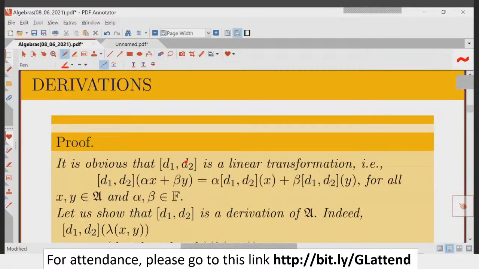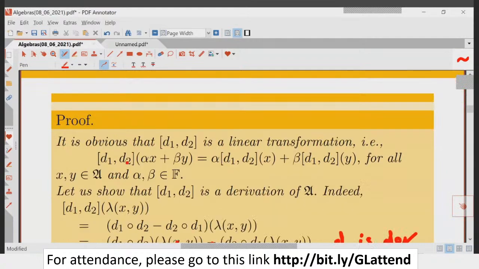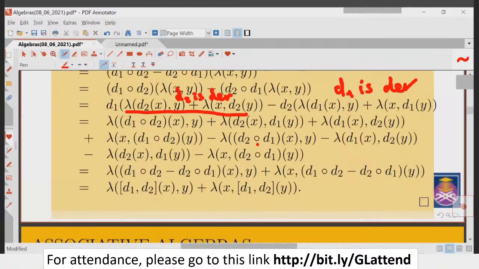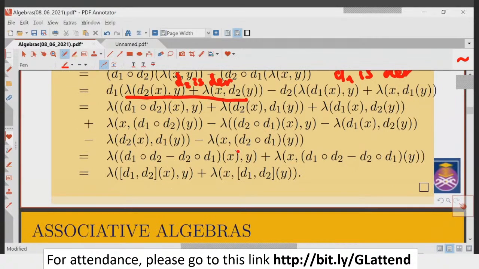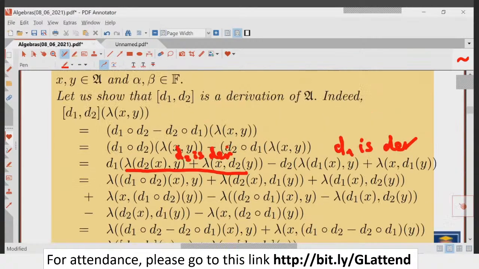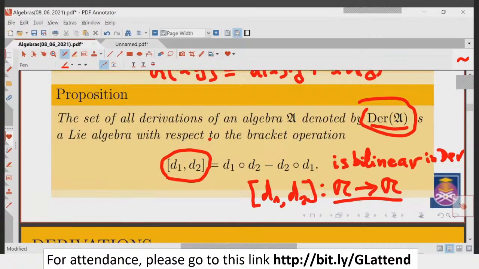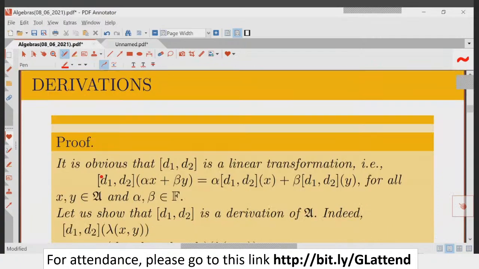This bilinear operation is a derivation, so that is why this is an algebra, with respect to this Lie algebra. Let me skip it. Why it is a Lie algebra, we will see later when we come to the Lie algebra definition.